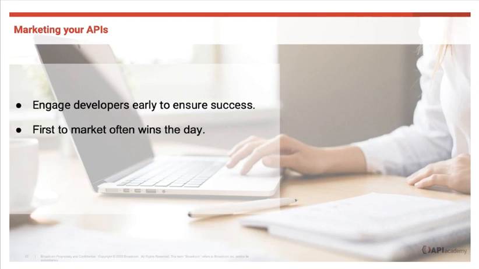And this aggressive marketing is relevant whether your audience is internal or external. Your marketing efforts also need to emphasize how easy your APIs are to use. The number of developers who have already registered with your API program and the level of activity your APIs are driving in the developer community can serve as valuable endorsements.